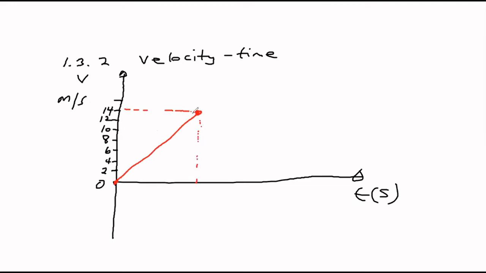The time corresponding with 14 is the time that we calculated when the object hits the ground, which is 1,43 seconds. That is the velocity time graph. It is positive because we chose downwards as positive.